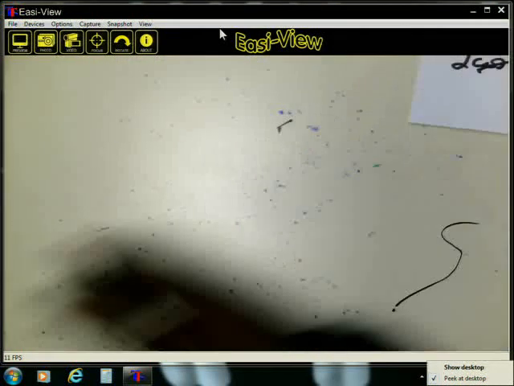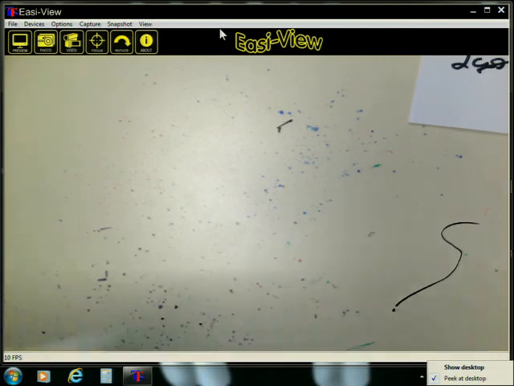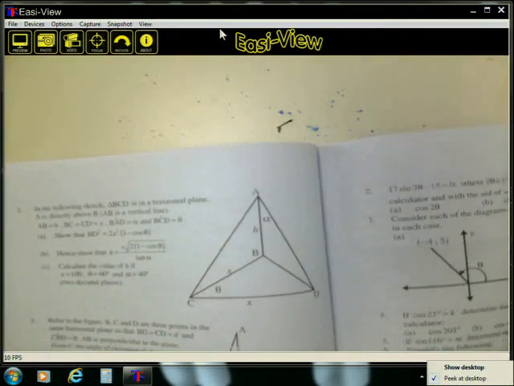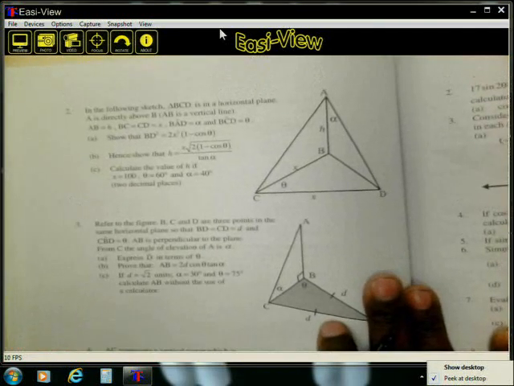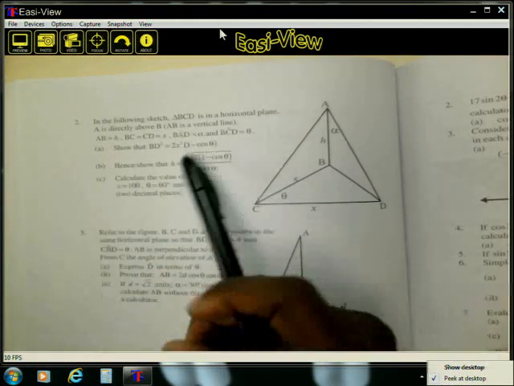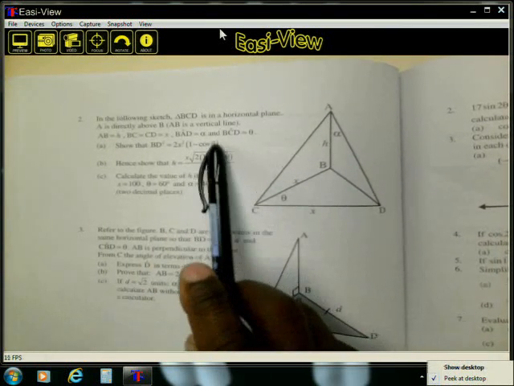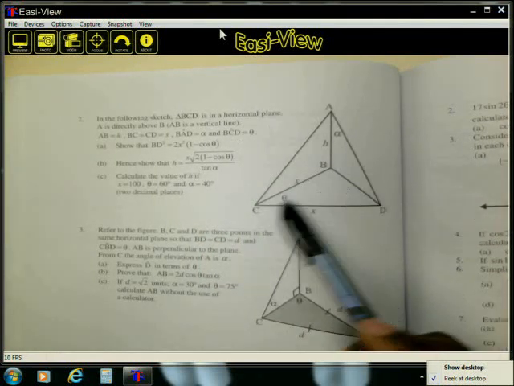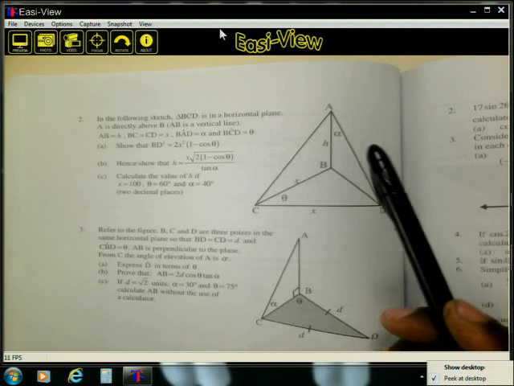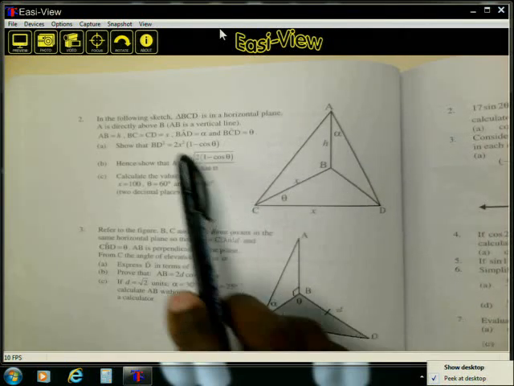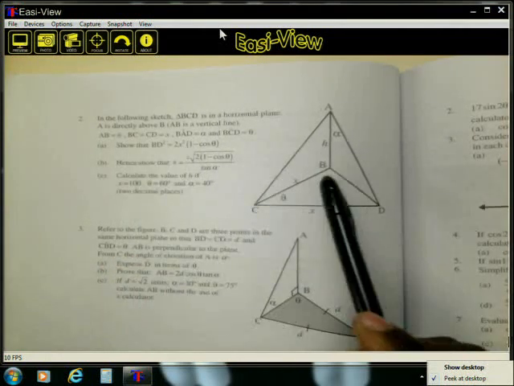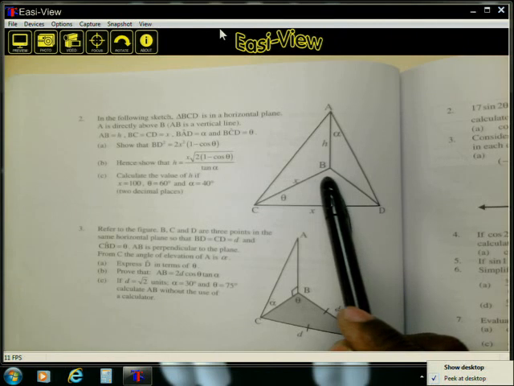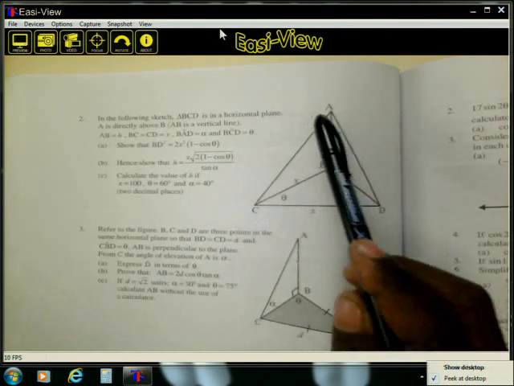Do please take down these and attempt them at leisure. In the following sketch, ABCD is in a horizontal plane. This one. ABCD is, A is directly above B. AB is a vertical line.